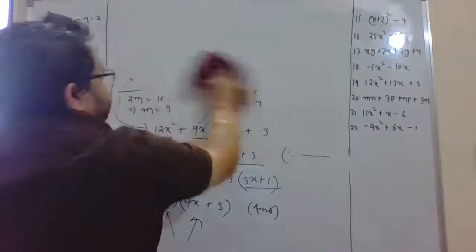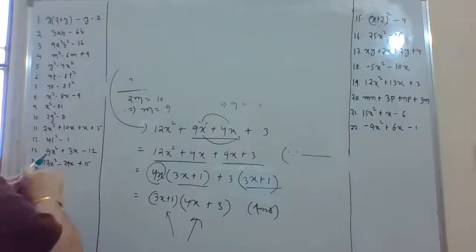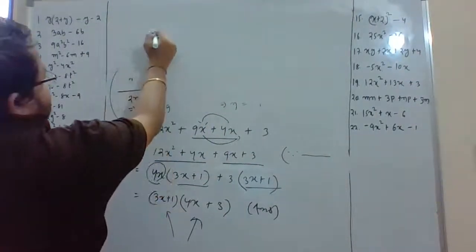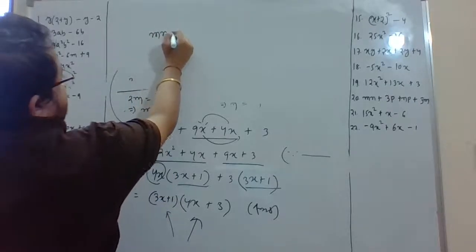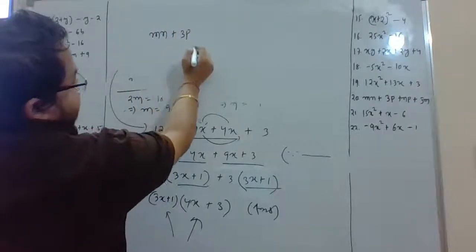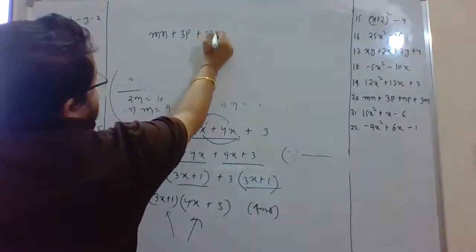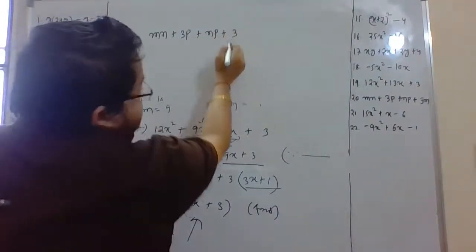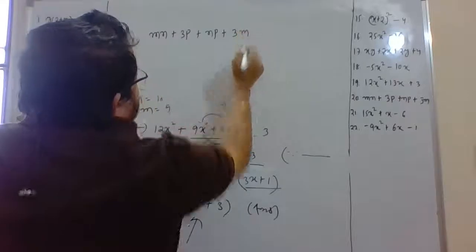Now let's go ahead. So the next one is mn plus 3p plus np plus 3m.